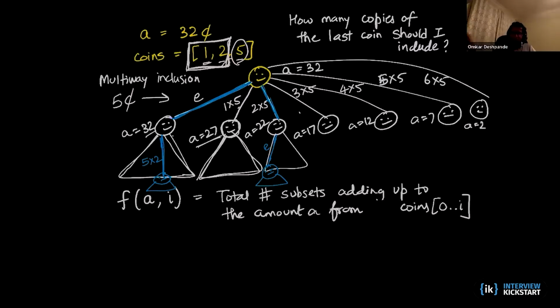In this simple example, there's only a 1-cent coin left, but in general, you can imagine that array being much longer. So there'll be potentially many coins for them to look at, but they're looking at an identical sequence of coins, an identical prefix of the coins array with an identical amount to be constructed.